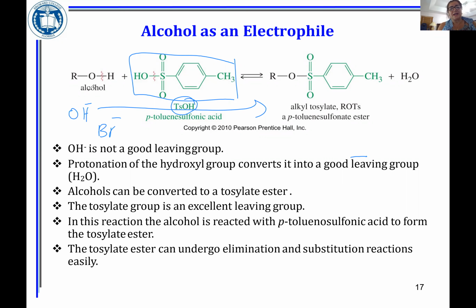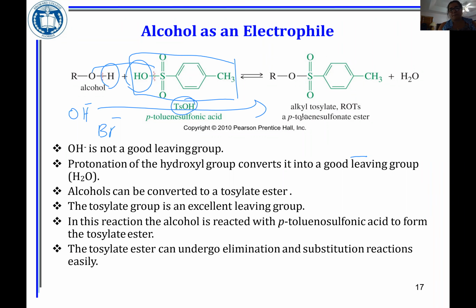The H from the alcohol with the OH from the reagent forms water and leaves, and then you get a new bond. So instead of OH, now you have OTs. You have ROTs, a tosylated alcohol.